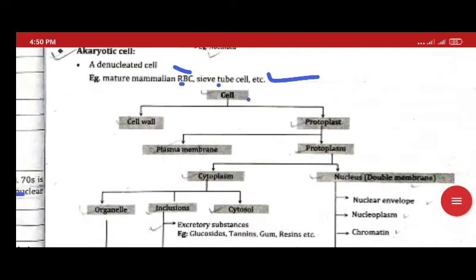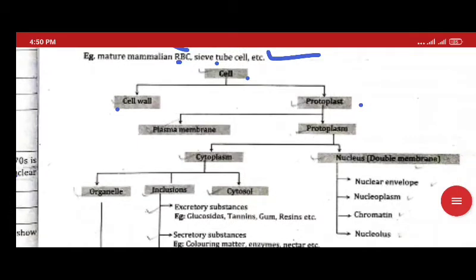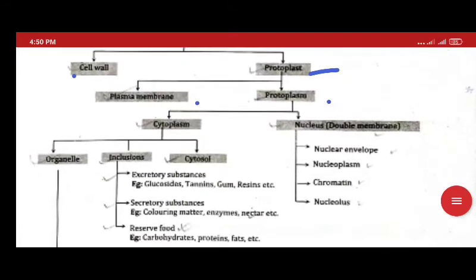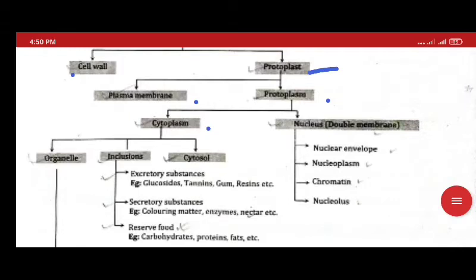Now a cell contains cell wall and protoplast. So the protoplast contains plasma membrane and protoplasm. Now protoplasm contains what? Protoplasm contains cytoplasm and nucleus.